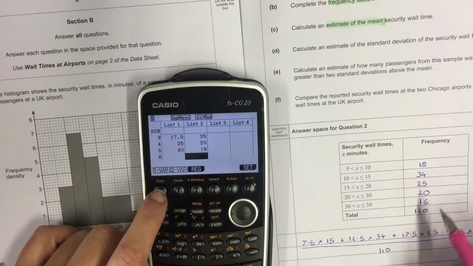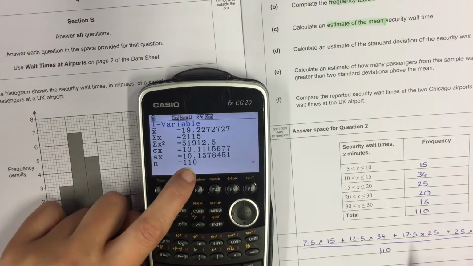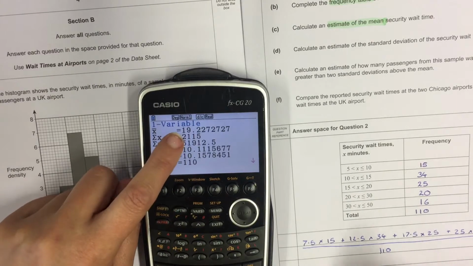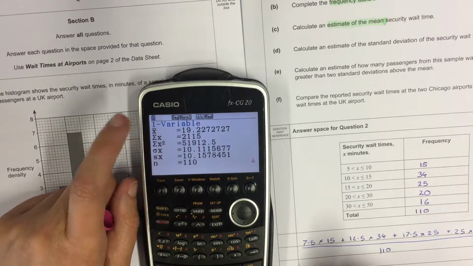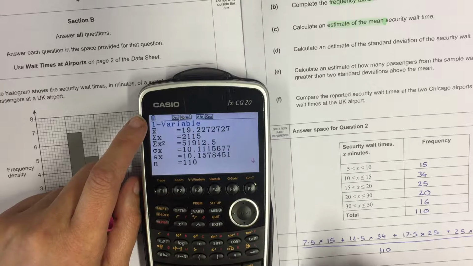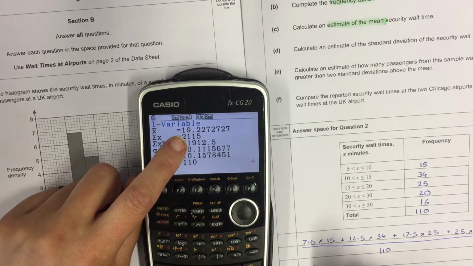Then if you go into calculate one variable, check that your n value is 110, and then you should have a mean that is 19.2.